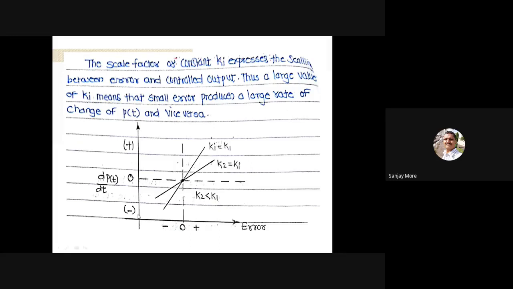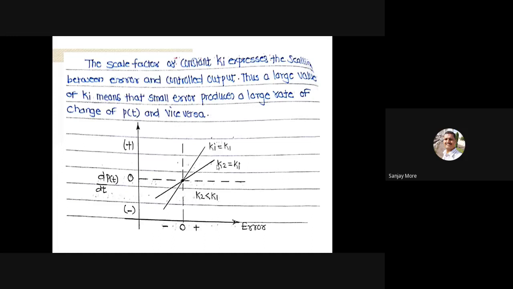Here minus and here plus. So the midpoint of this is 0, here 0, 0, and K1 is at a higher point and K2 is at a lower point. That's why K2 is lower than K1.